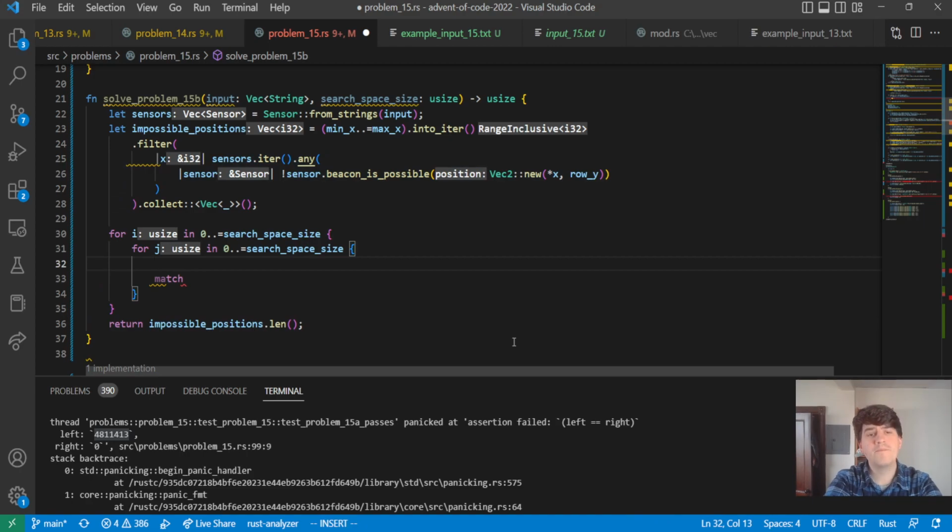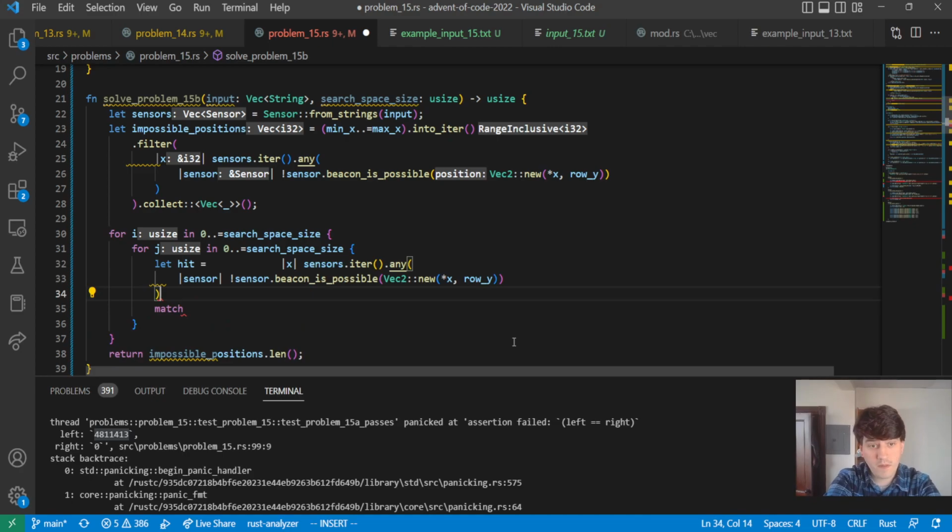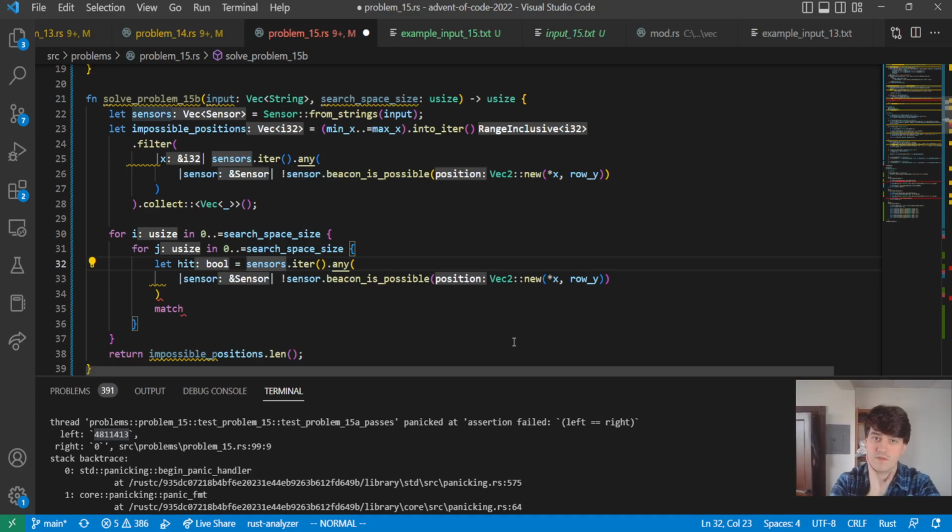So let's say let hit be sensors.iter. The sensors are already sorted because they get sorted in from string.